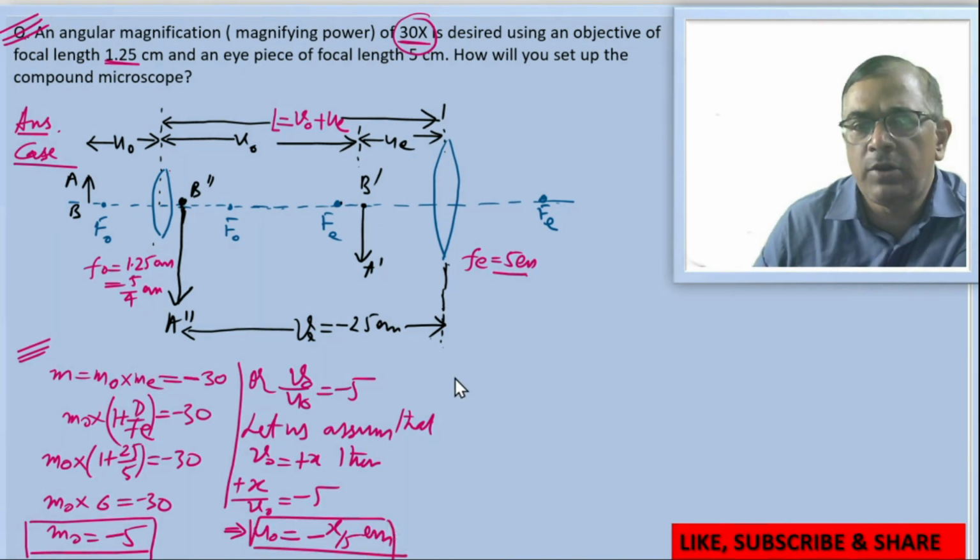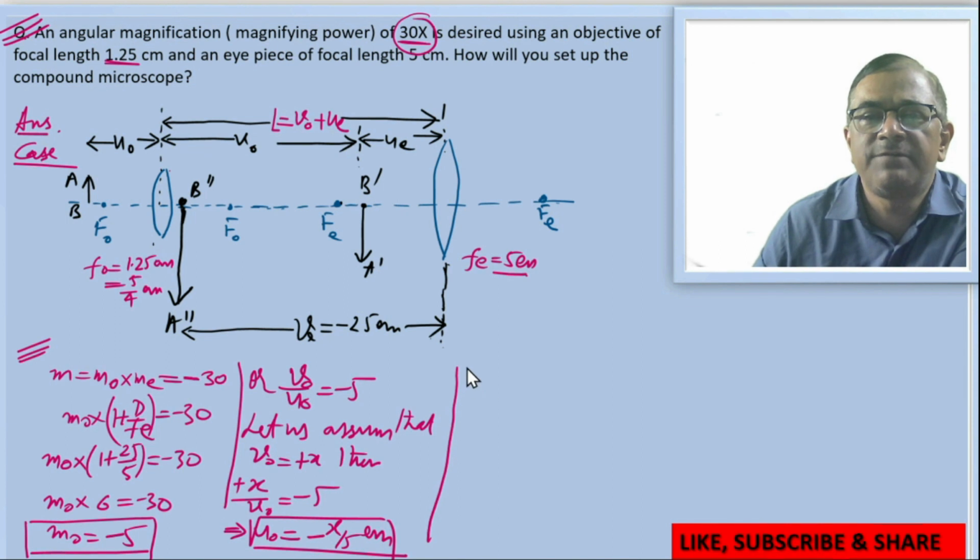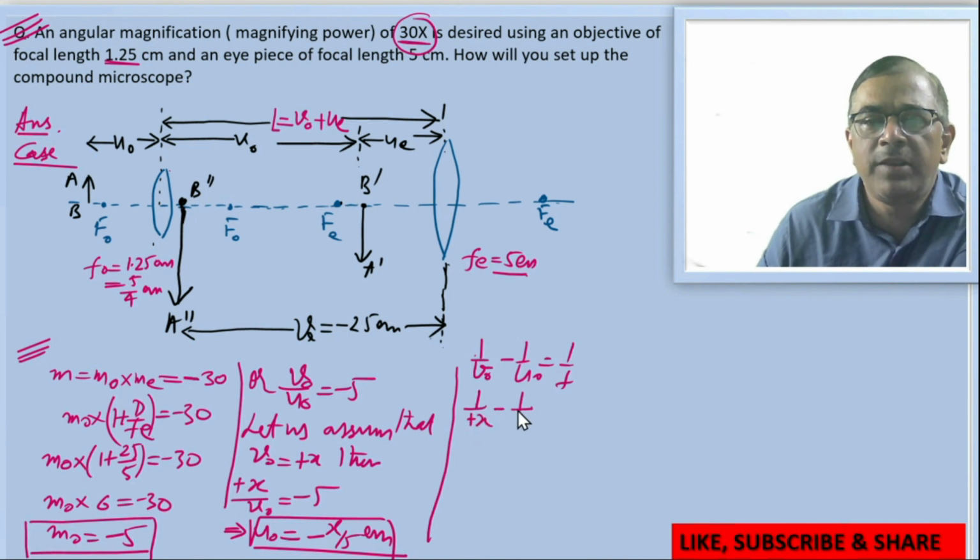Now let us use the lens formula for the objective lens. 1 by VO minus 1 by UO equals 1 by F, and the value of VO equals plus X, minus 1 by UO, the value of UO equals minus X by 5, and this equals how much? 1 by 5 by 4.